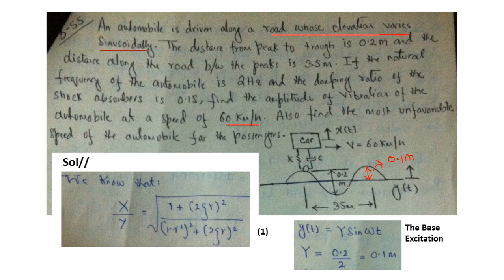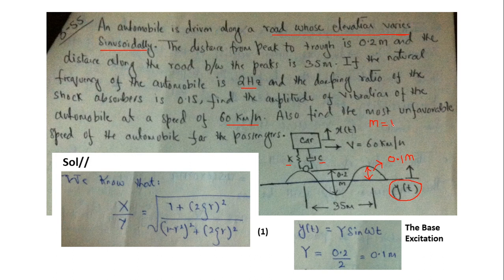And this sinusoidal variation in the road profile represents the case of base excitation. So this can be considered as the base is sinusoidally moving, being excited, and your car is traveling with a speed of 60 km per hour on this road. It has some kind of a stiffness, some kind of a damping, because its natural frequency is given to be 2 hertz, and we can assume a mass of 1000 kilogram for this car.